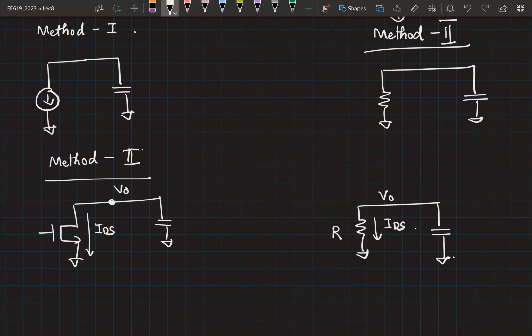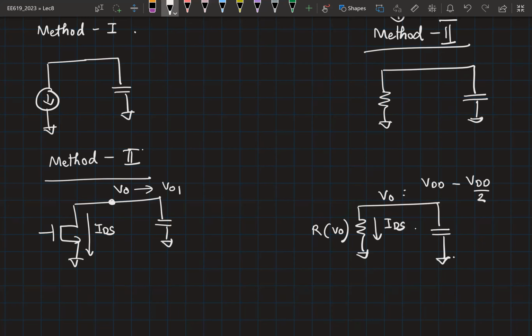But the problem is this: as you change your V0, let's say from V0 to V01, the current value is going to change in a nonlinear fashion, which means your R will have to be replaced by another R1. So you cannot use the same value of R as your V0 is varying from VDD to VDD by 2. Your R has to be a function of V0.